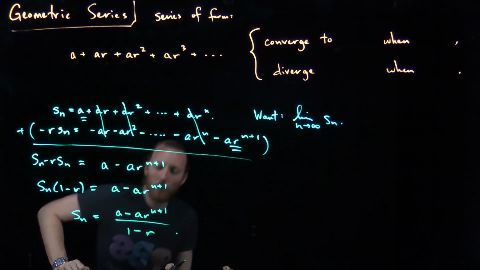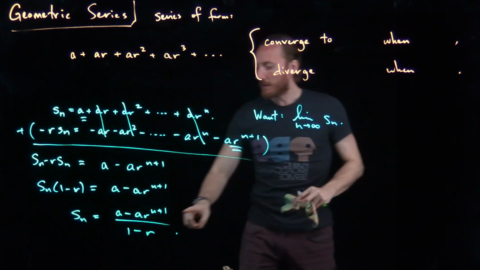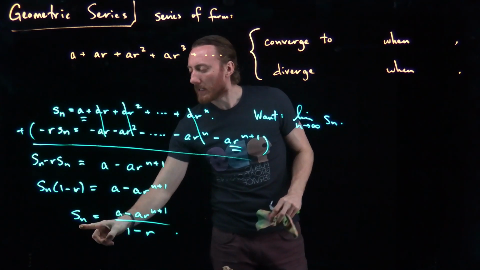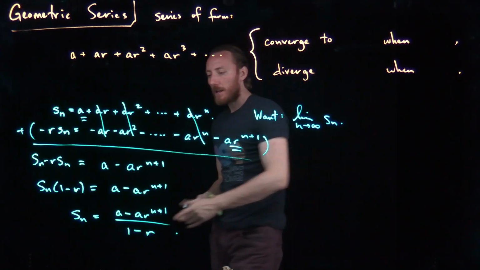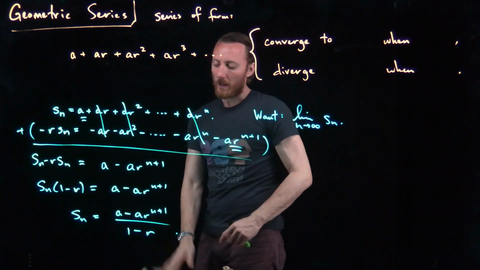And here is actually a very nice thing. Here is a concise articulation of what you get when you add up the first n terms of a geometric series. You get a minus ar to the n plus 1 over 1 minus r.